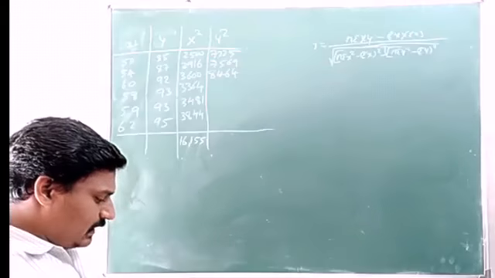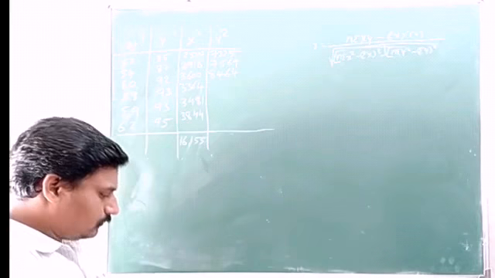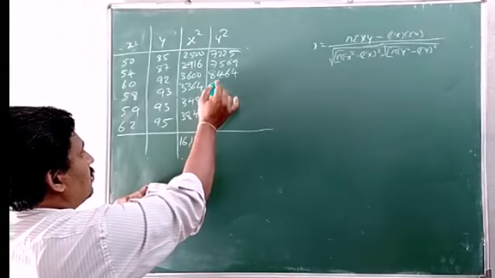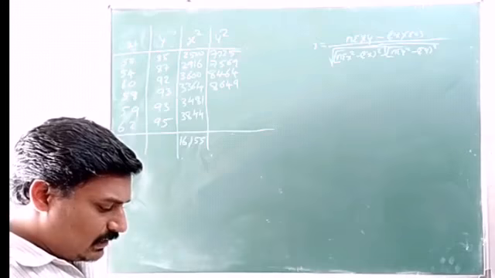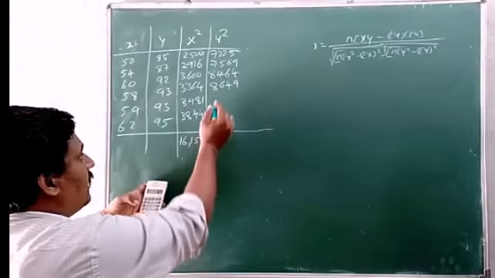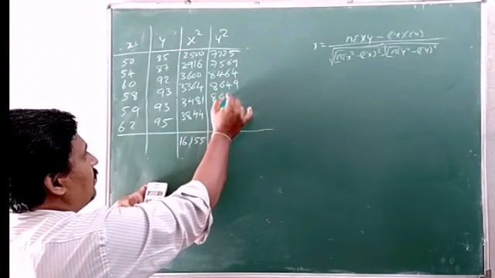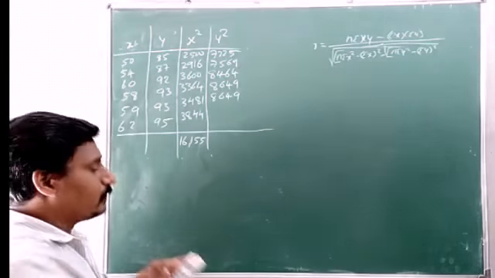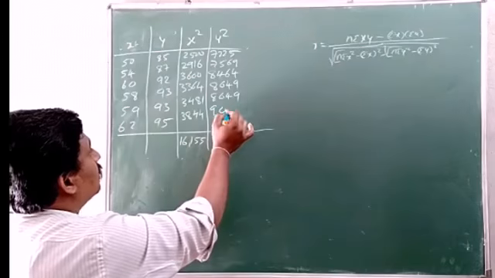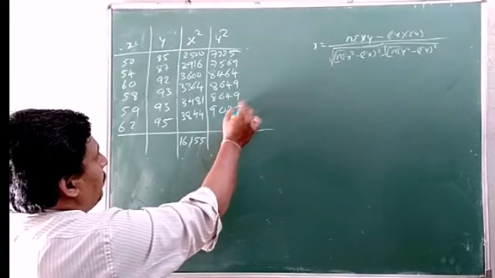Next 93 square is 8,649. Next 93 square is 8,649 again, and last 95 square is 9025.